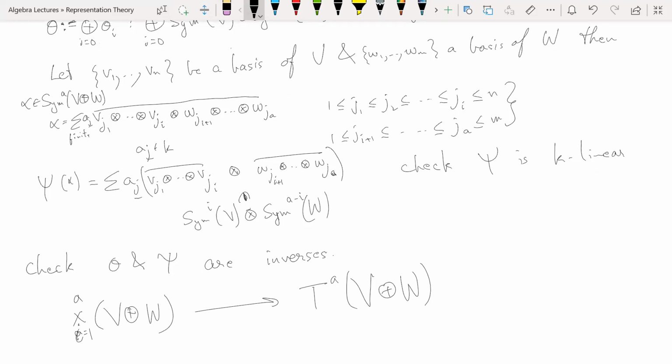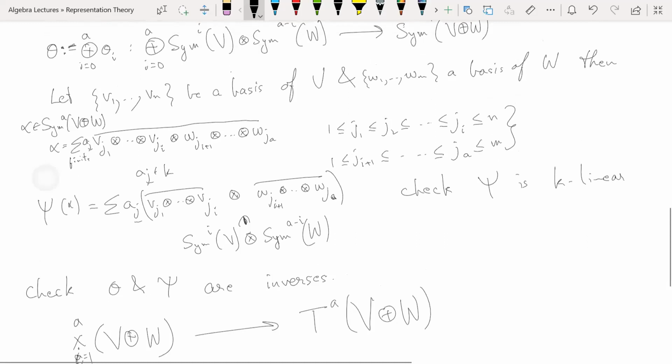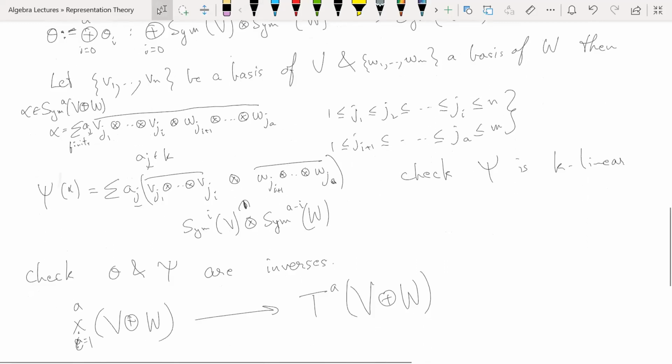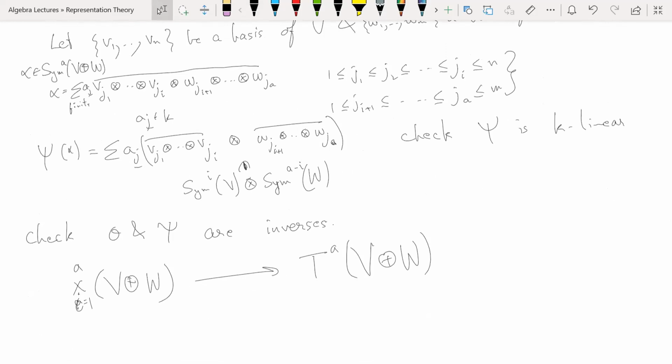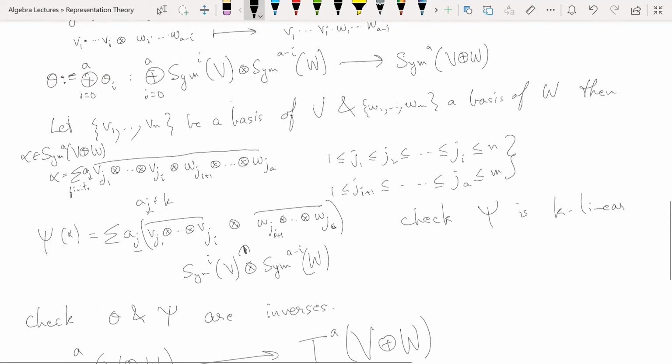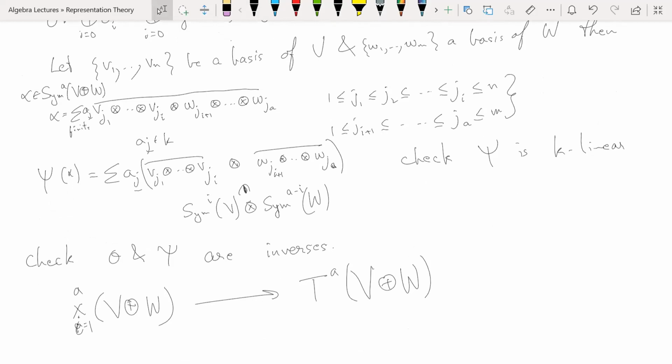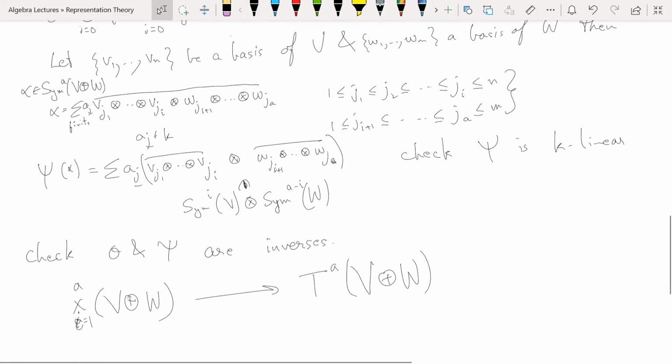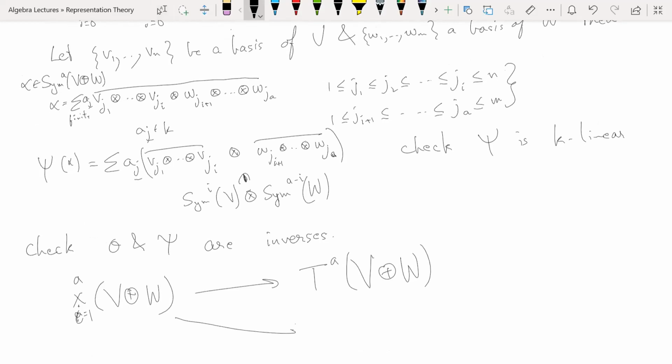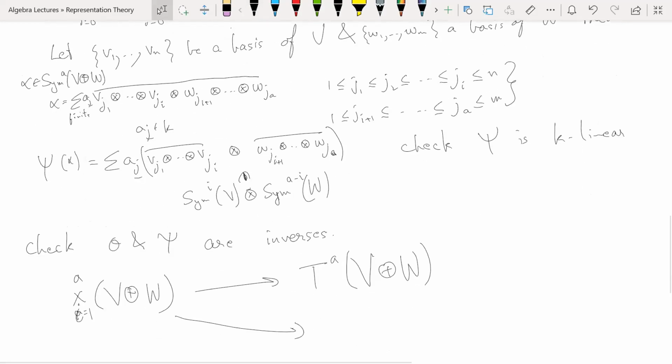If I want to give a map from Sym^A(V plus W) to the right hand side, I'll have to give you a symmetric multilinear map, so I'll first have to give you a multilinear map from this to the right hand side. So what does this look like? It's A-tuples of vectors.